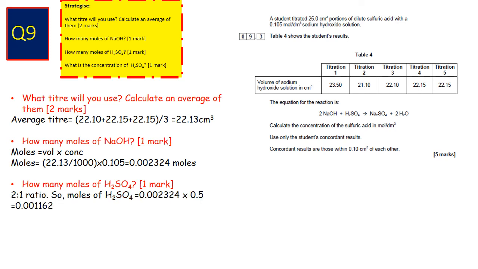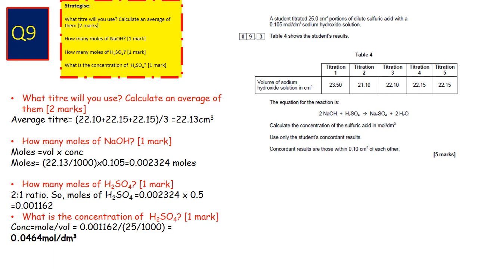So I'm going to times my number by 0.5 or divide by 2, same thing, and get moles of sulfuric acid to be 0.001162. What is the concentration then? Concentration is moles divided by volume. So plug the numbers in, again converting my volumes into decimeter cubed, and I get an answer of 0.0464 moles per decimeter cubed. They're looking for a minimum of 2 significant figures.